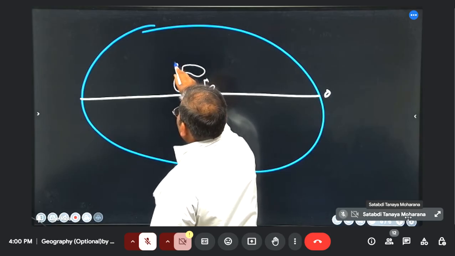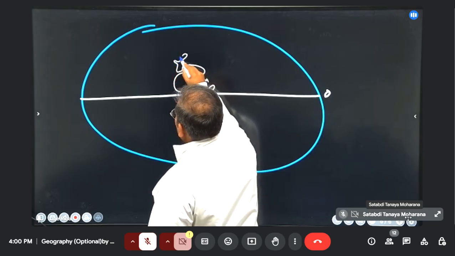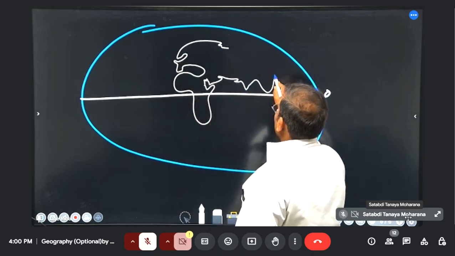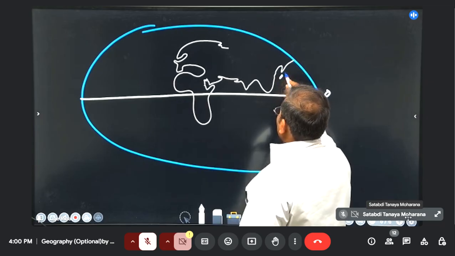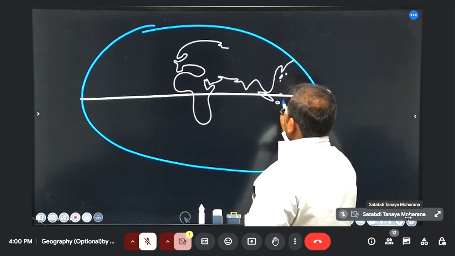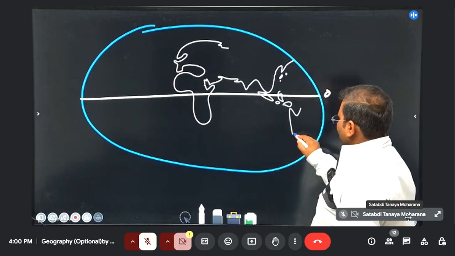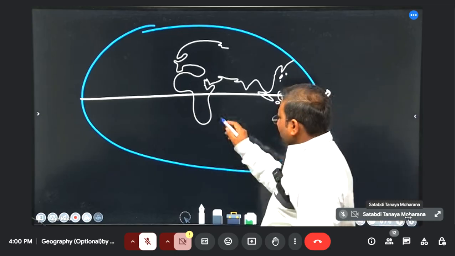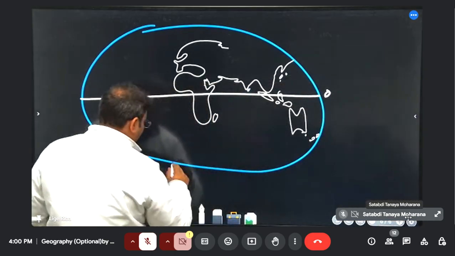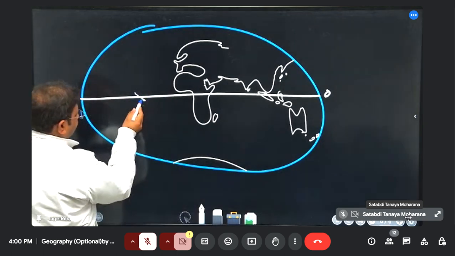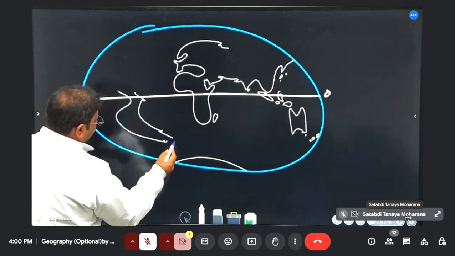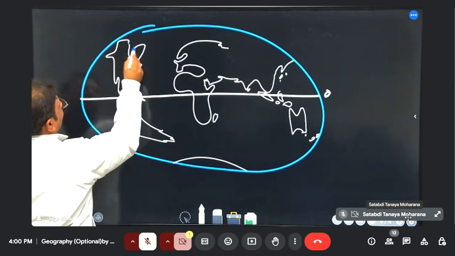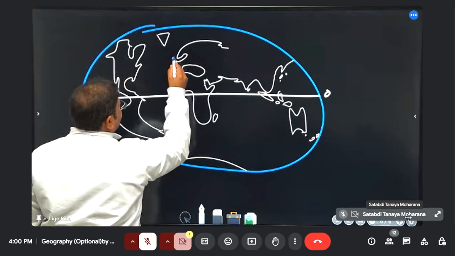Here are your Scandinavian countries, India, Malaysia, Japanese islands, Indonesia, Kalimantan, Papua New Guinea, Australia, Tasmania, New Zealand, Madagascar, Sri Lanka, Antarctica, South America, North America, Greenland, and here lies London.